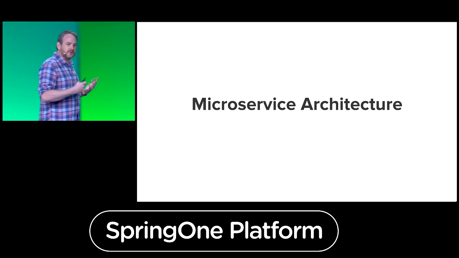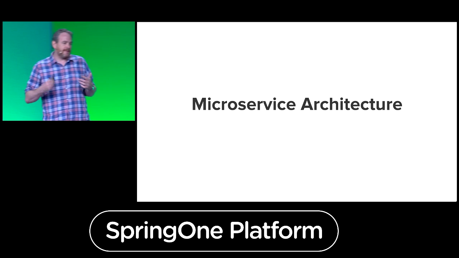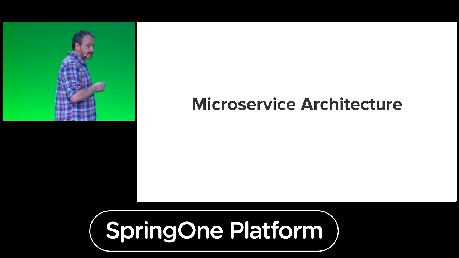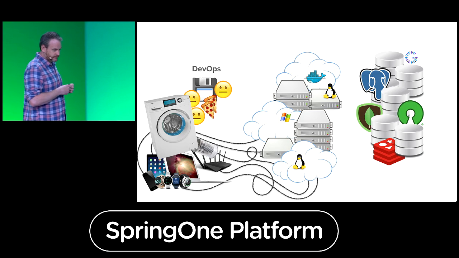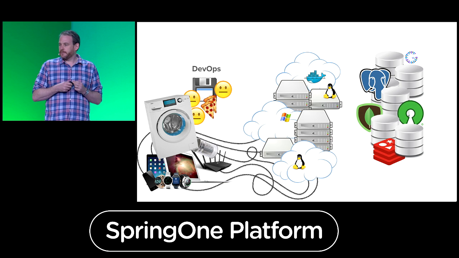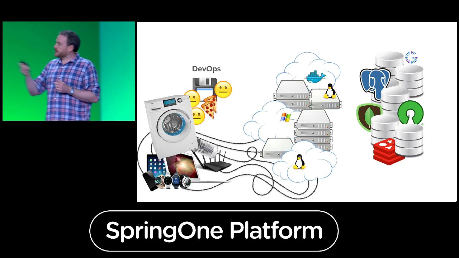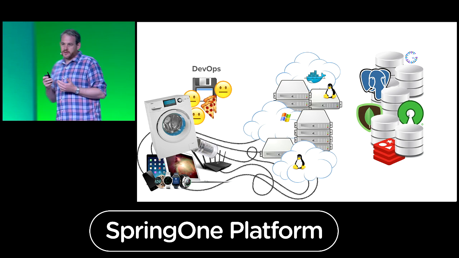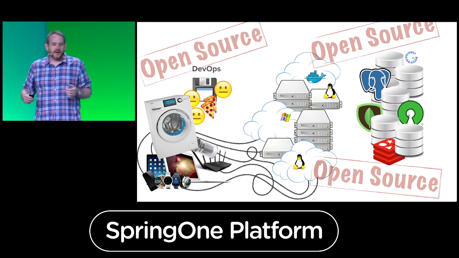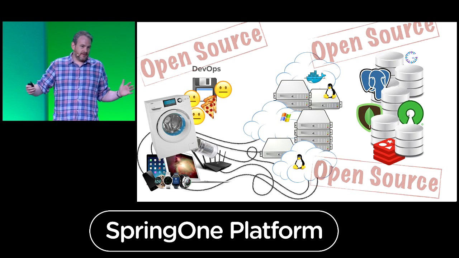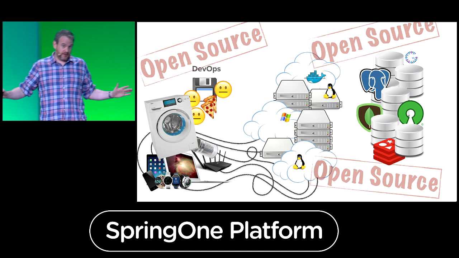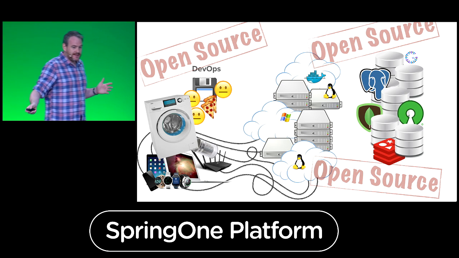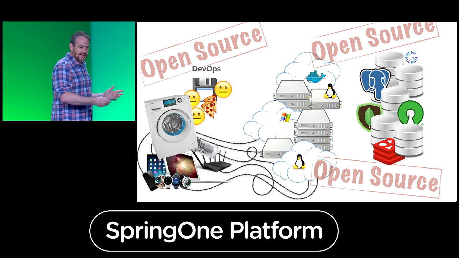If you go to lots of talks at this conference today, you'll hear about how to develop microservices. Now, something else that's interesting about this diagram, something that's different from 2002, is that open source is everywhere. It's on the databases, it's on your servers, it's in your devices.